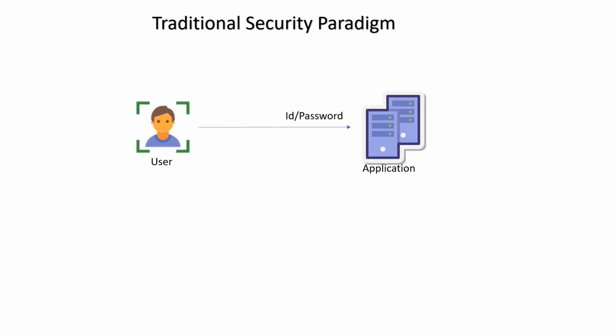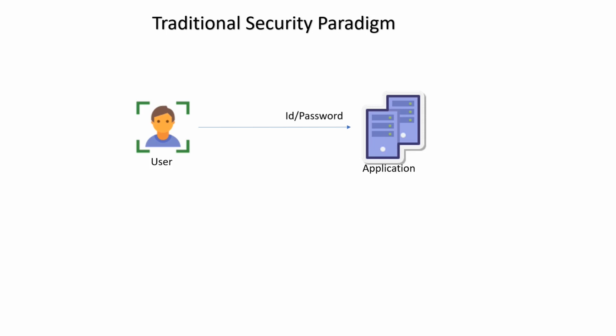When it is certain that the credentials are fine, the user is able to access the resources, right? But nowadays, because of increasing threats from hackers or malicious actors, it is not recommended to send your ID and password over the internet or any channel, right?